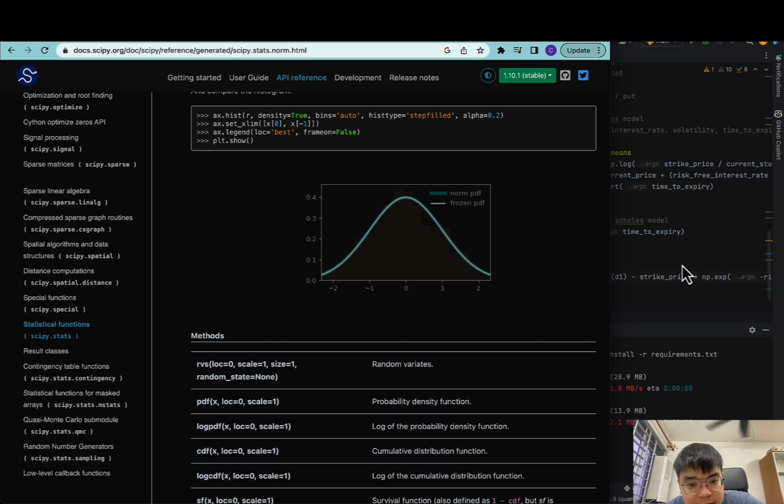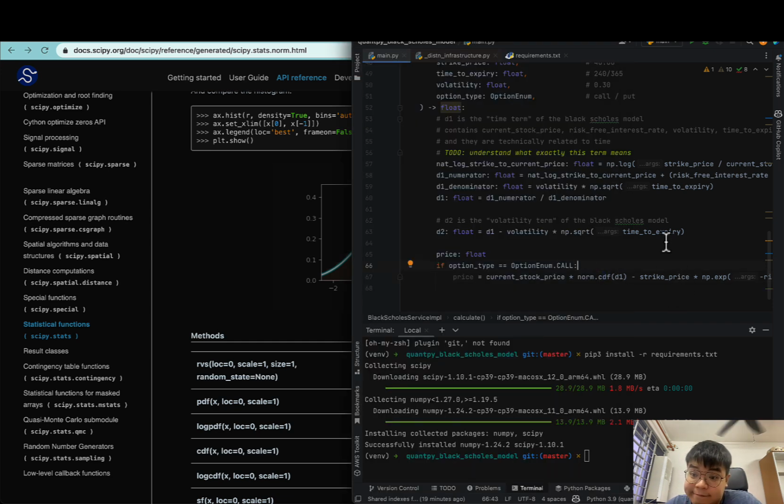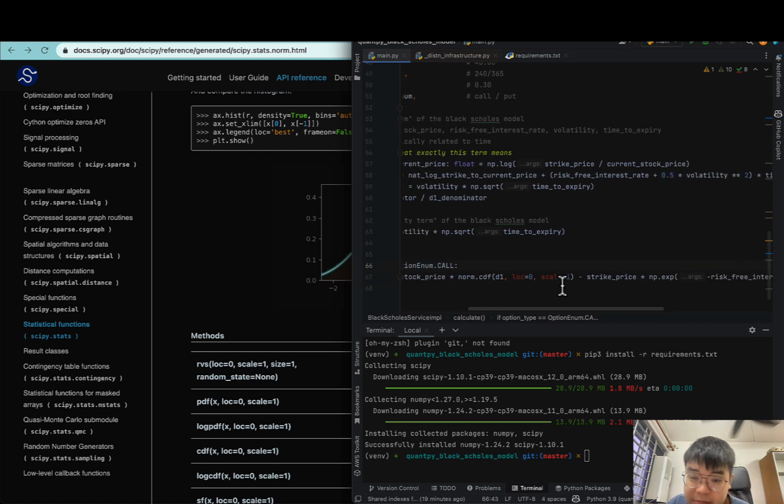So D1 followed by loc equals 0 and scale equals 1. I know they are the defaults.